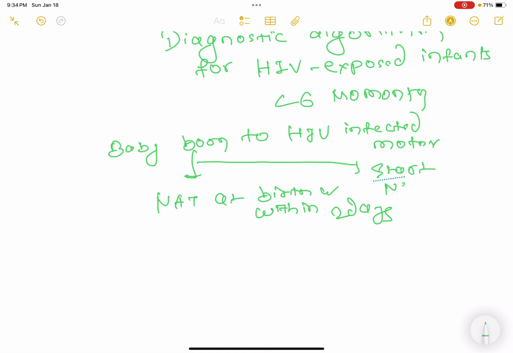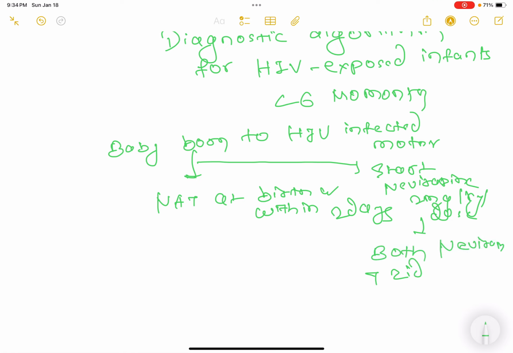Start nevirapine at a dose of 2 mg per kg per dose at birth, and both nevirapine and zidovudine if we suspect high risk.